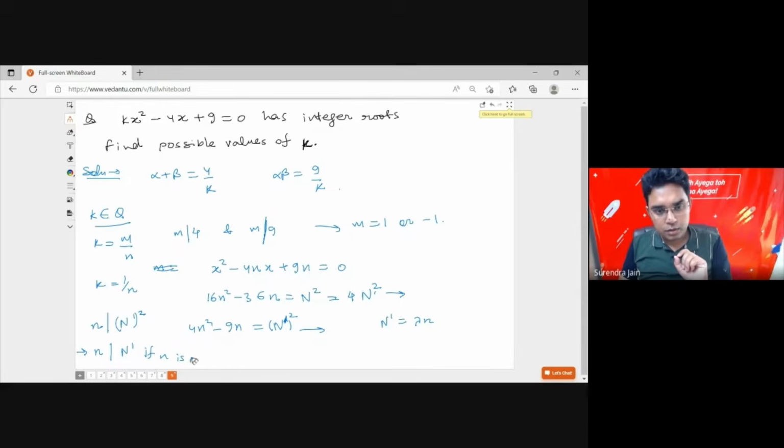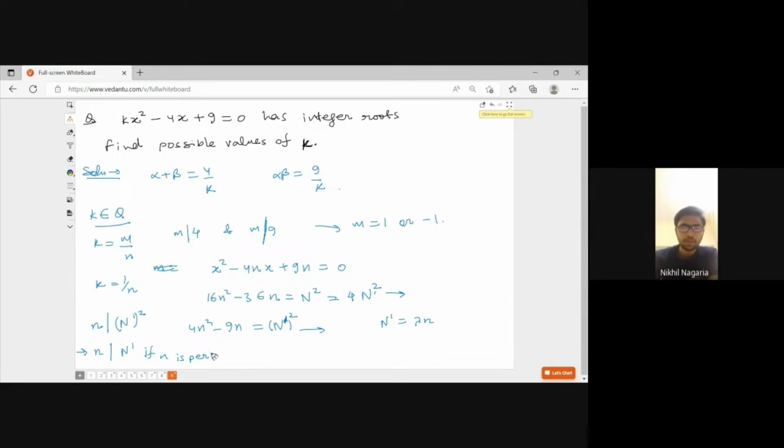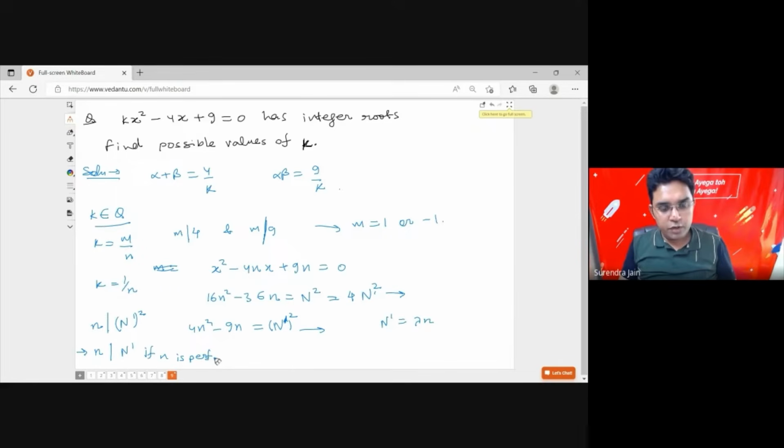If n is prime, then this works, but if n is not, then no. If it is a perfect square or having some square term in its factorization, then I don't think it will work. Or maybe you can take the case that n is a prime, or it has factors such that it does not have any square in it. Then I think this may work.